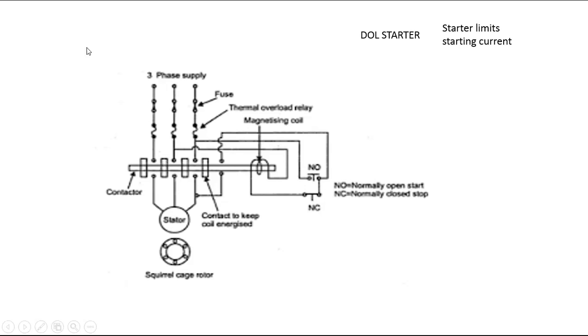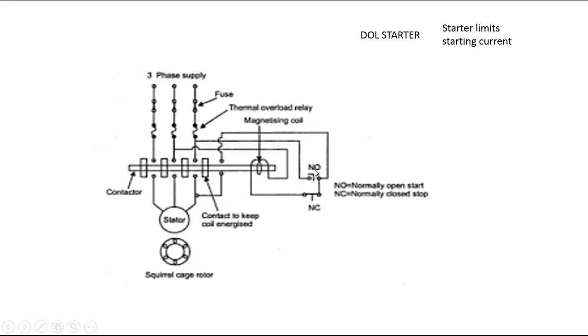So how do we start this induction motor? This is the working principle of the starter. The DOL starter contains a normally open switch and a normally closed switch. Under normal conditions, the NO switch is open and the NC switch is closed. In order to start the induction motor, the NO switch is pressed mechanically.